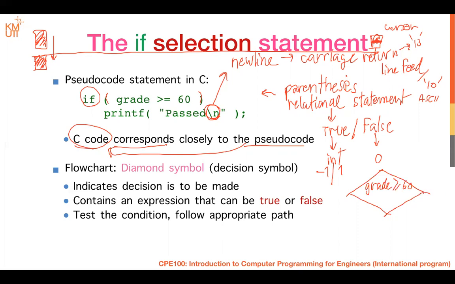Okay, the diamond symbol will indicate a decision, and it contains an expression that can be true or false. I've talked about this already. The diamond symbol will test the condition, right? If it's true, it follows the appropriate path.